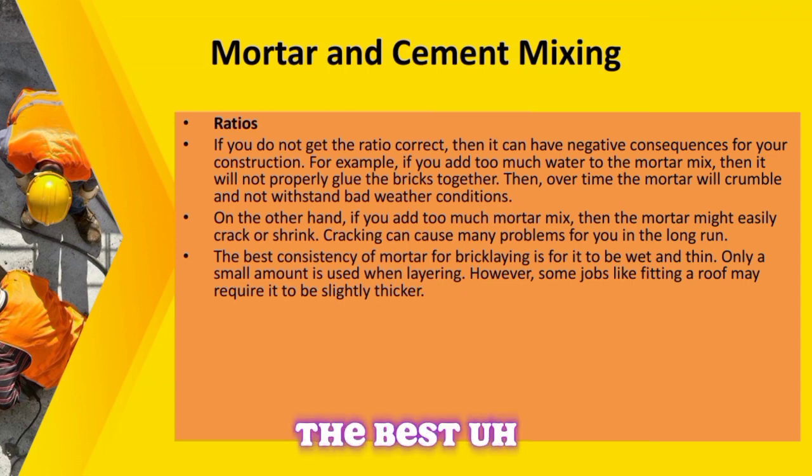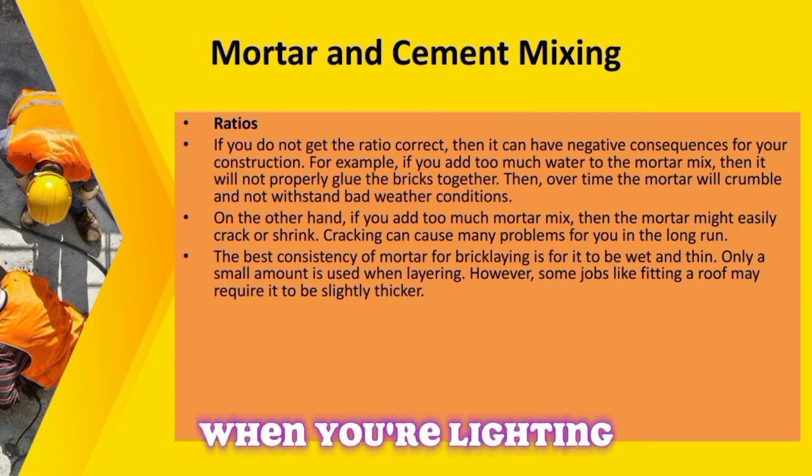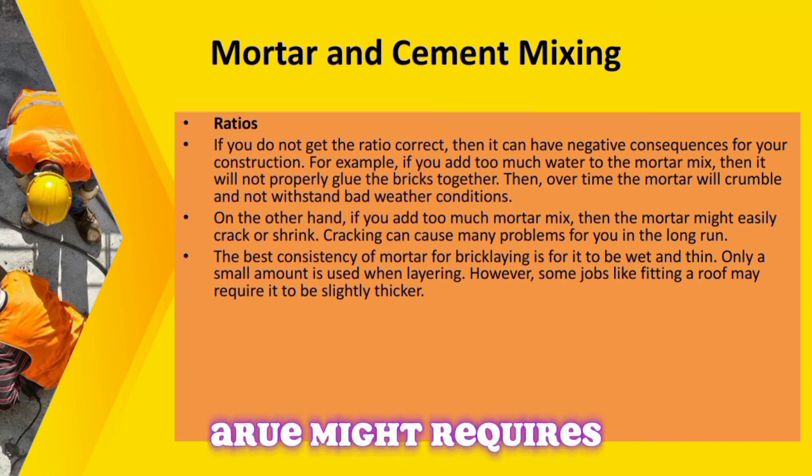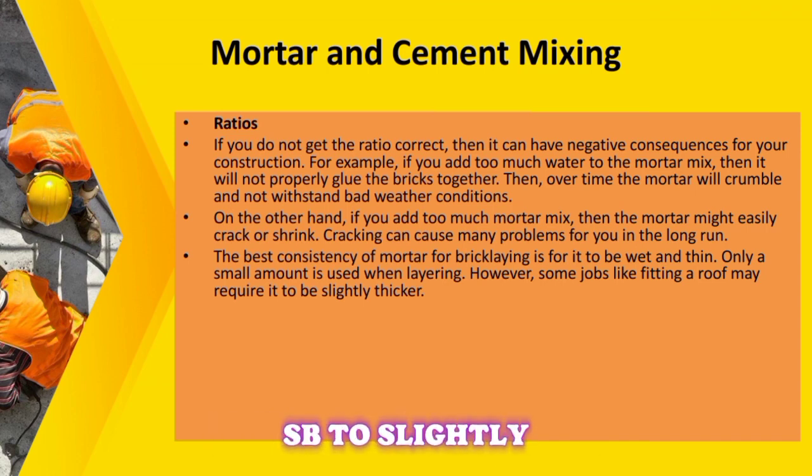The best consistency of mortar for bricklaying is to be wet, and only a small amount is used when you are layering. However, some jobs like pointing a roof might require it to be slightly thicker.